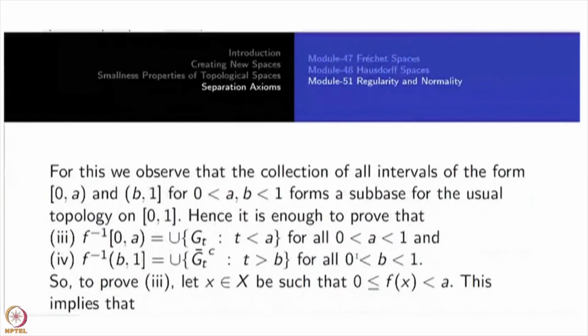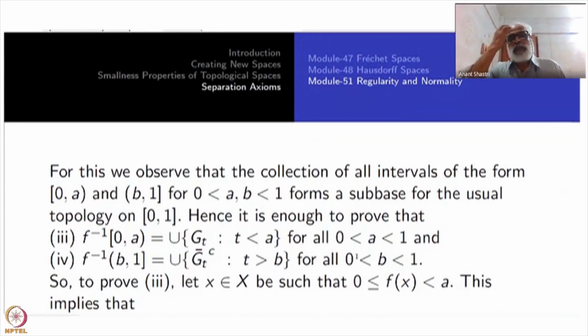So first we observe that the collection of all intervals of the form [0, a) and (b, 1], for 0 less than a, b less than 1, forms a subbase for the usual topology on the closed interval [0, 1]. The usual topology, and then I am taking restriction.